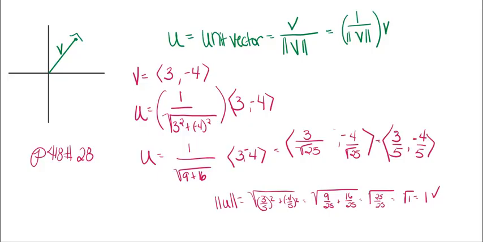You may want to pause the video again and double check your work. I added the extra step of verifying that the unit vector u actually had a magnitude of 1. They did not ask you to do that on the homework, but I did it just to show you that it does work.